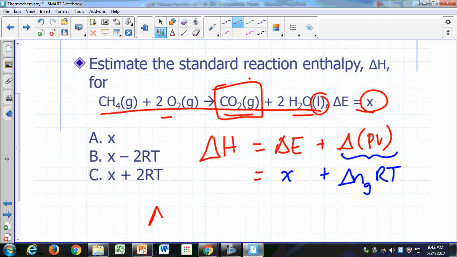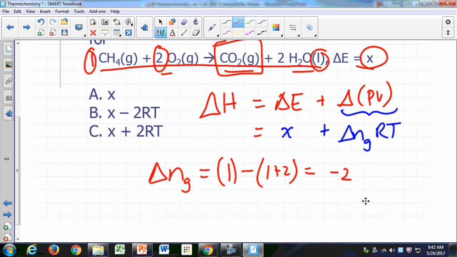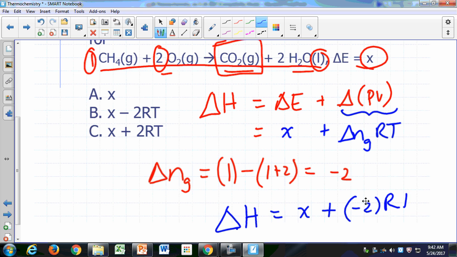So delta n gas in this case is 1 on the product side, minus 2 plus 1 on the reactant side. 1 minus 3 will give you negative 2. So that means delta H is going to be equal to delta E, which is X, plus delta n gas, which is negative 2, times RT. And the correct answer here is B.